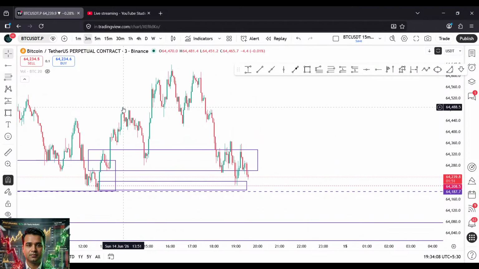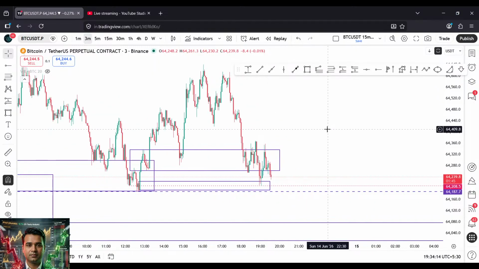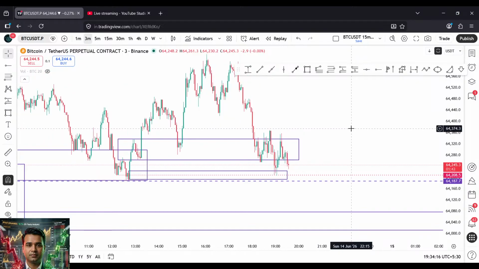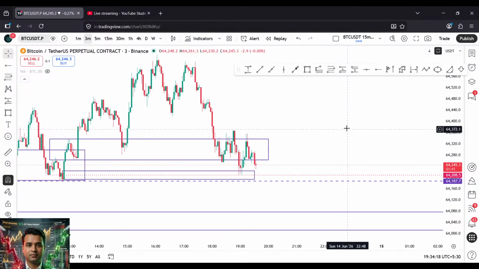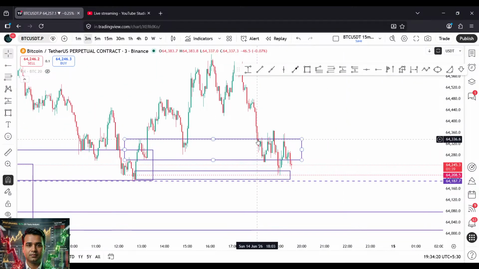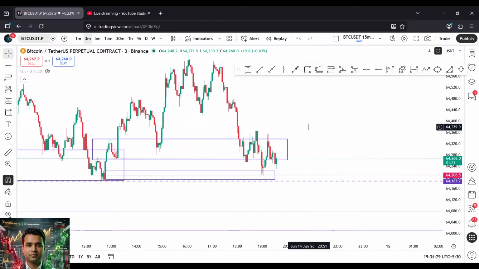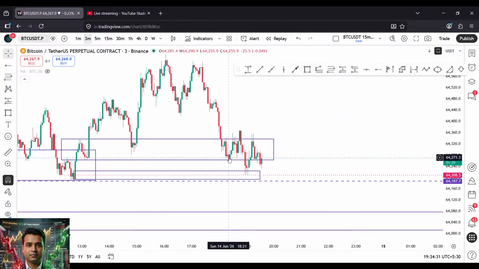Yes, price hasn't reached here. And its DP is here. Price comes down, goes up, comes down, goes up. So now the DP was made, DP converted from this one to this one.